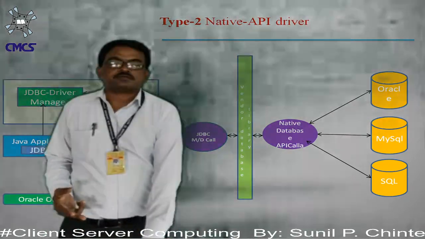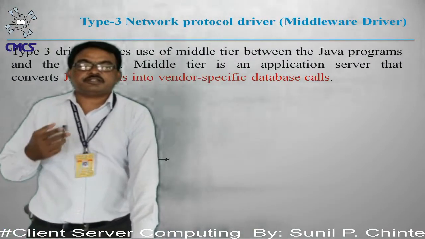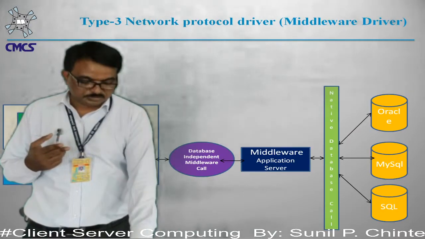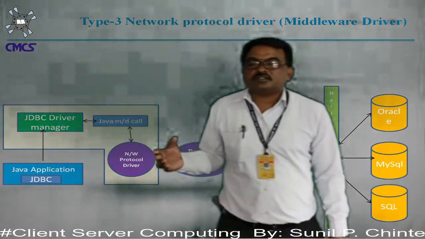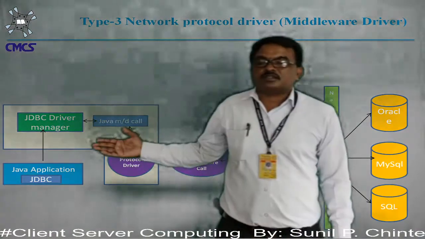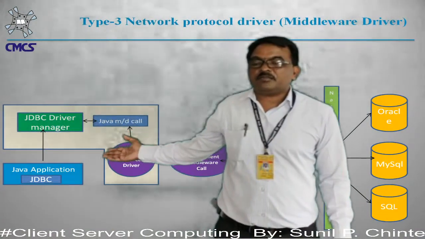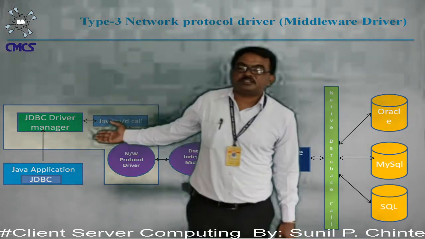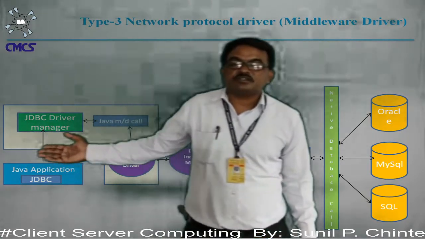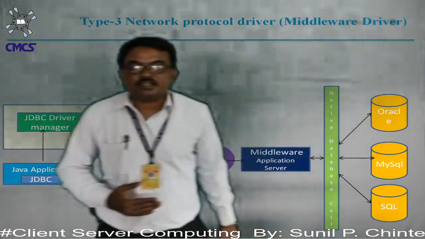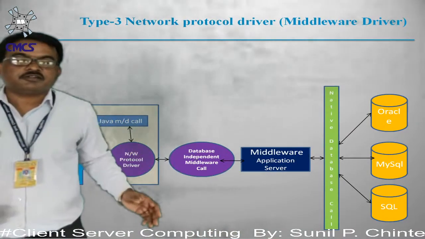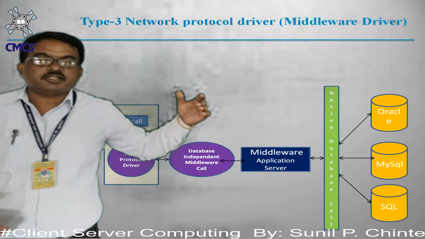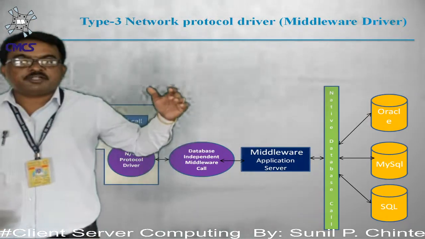Next is the type 3 driver. In type 3 drivers, the Java applications that are designed with the JDBC API, the JDBC calls will be converted by using the network protocol drivers into data independent middleware calls.